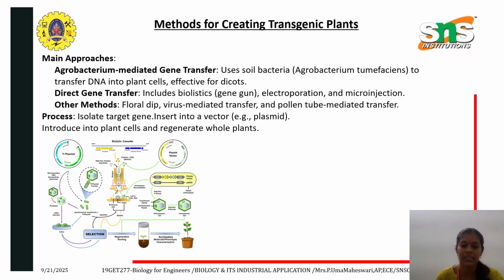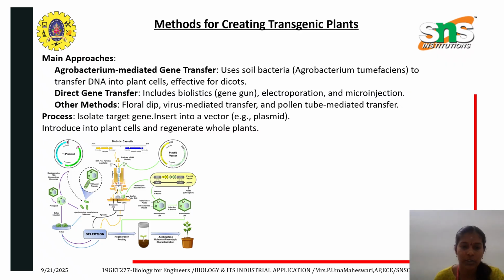The general process involves designing a gene construct that is introduced into the plant cell via a vector like Agrobacterium Ti plasmid or the gene gun, selecting the transformed cells using marker genes, and then regenerating whole new plants from these cells that express the new trait.